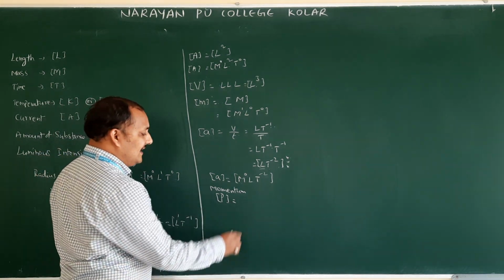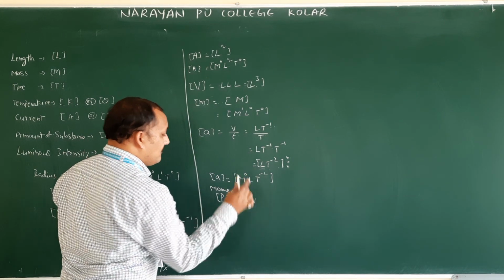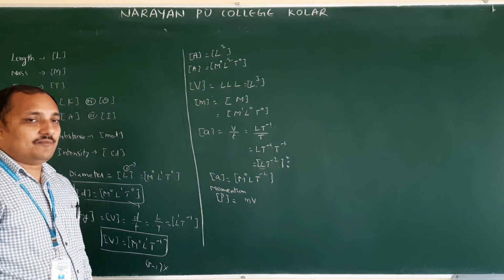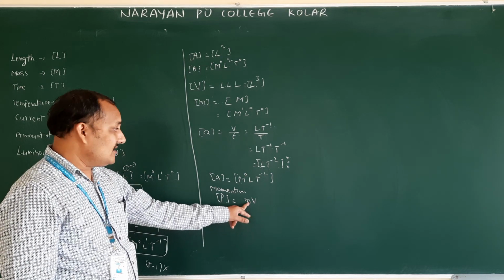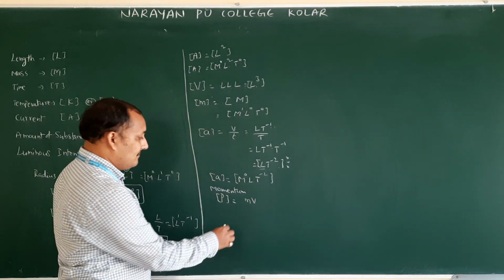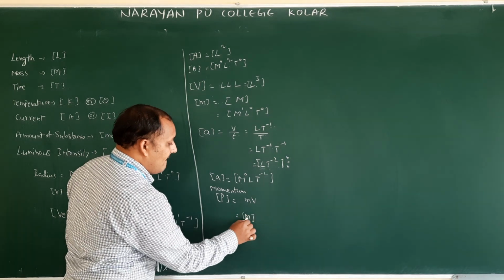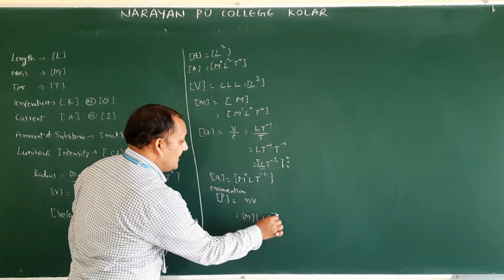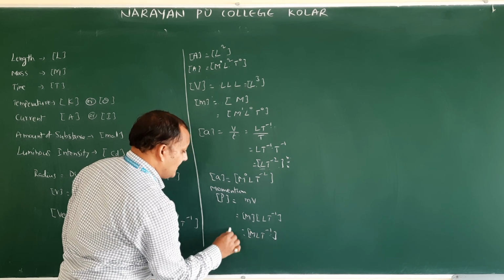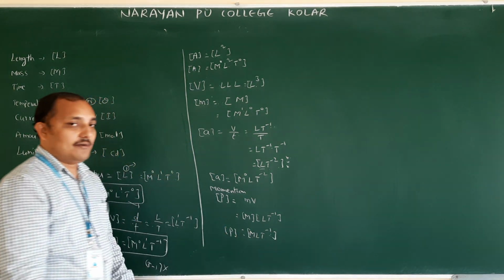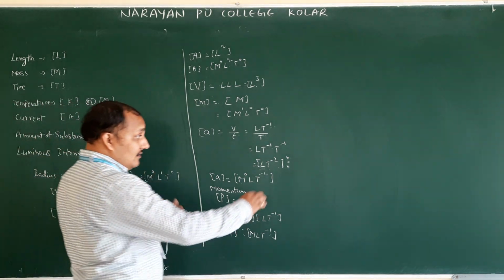Product of mass and velocity. Mass into velocity is called momentum. Now we know the mass dimension formula is capital M, and velocity is L t power minus 1. Therefore M L t power minus 1 is the dimension formula for momentum.